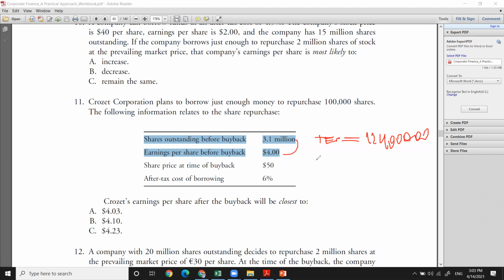Then how much money did you borrow? The loan is 100,000 times 50, which is 5 million. And another question, what is the cost of borrowing, the interest you pay?